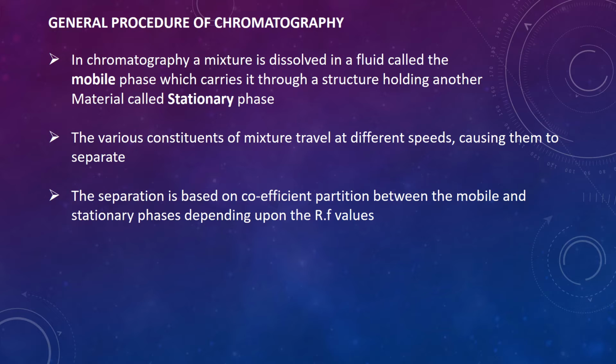The stationary phase is the immobile phase, which may be solid or liquid or a mixture, and the various constituents of the mixture travel at different speeds, and because of the difference in speeds they get separated. The separation is based on the partition coefficient between the mobile and the stationary phase, depending upon the Rf values. Rf value is calculated by the distance traveled by the solute front divided by the distance traveled by the solvent front.